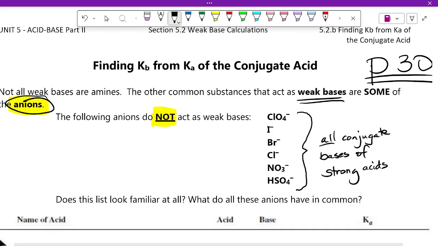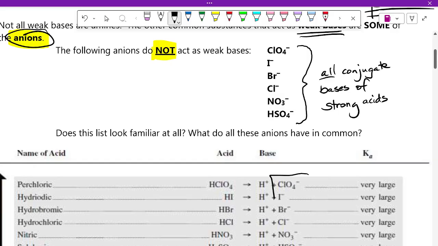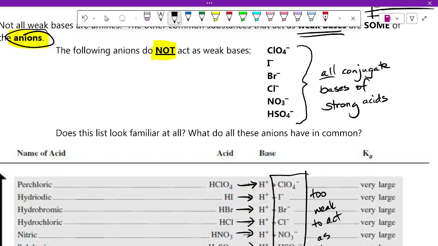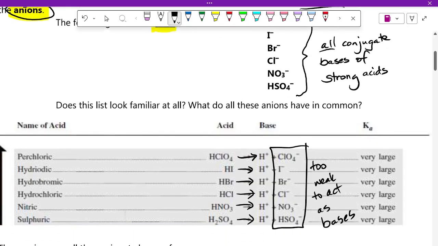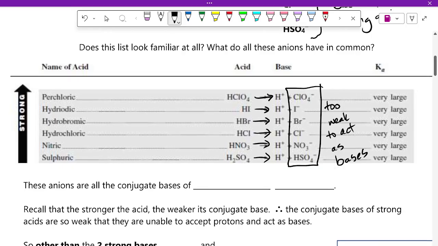If you look at that list, it's right there on your table, right at the very top, and all the arrows go that way. So why can they not act as weak bases? It's because their conjugate acid is too strong, which means these guys are too weak to act as bases. These anions are all the conjugate bases of strong acids.